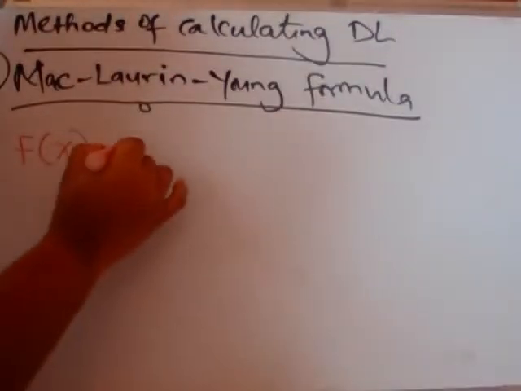That's when x is equal to 0. Okay, so let's just go straight to the formula. So f of x, which we're also going to do examples of, hopefully we get to understand it.